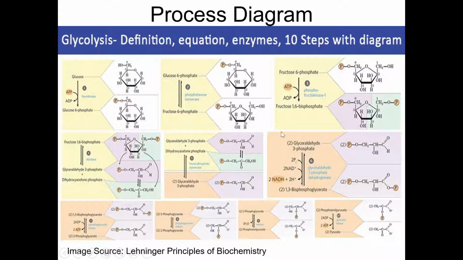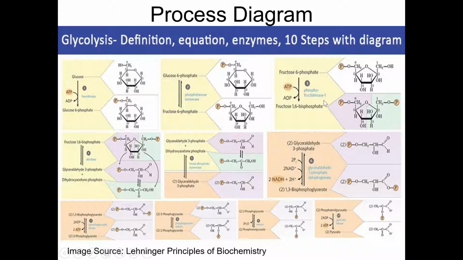Then we move to step two, where the glucose 6 phosphate is converted using the isomerase phosphoglucose isomerase, and from there it gets converted to fructose 6 phosphate, as you can see in the diagram.